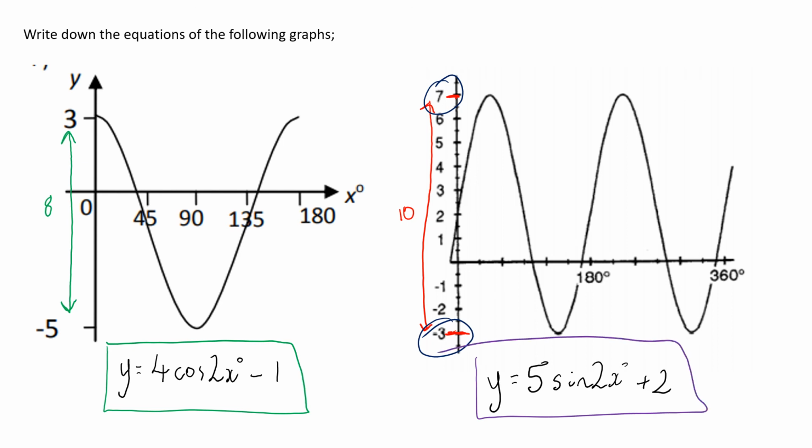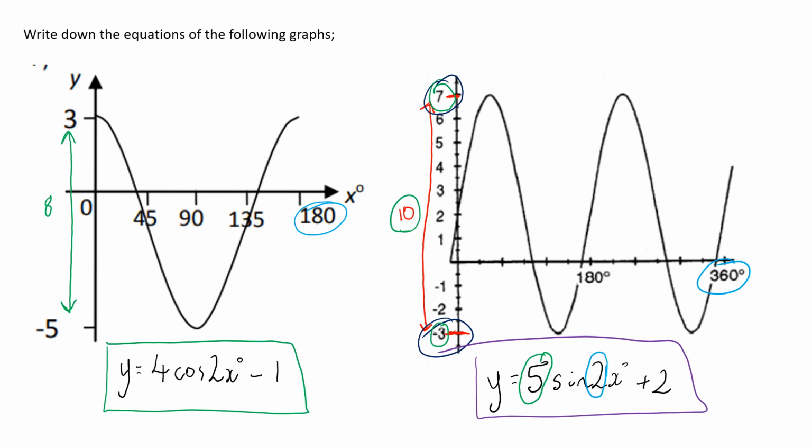Okay, so to identify, once again, the amplitude, you figure out the difference between the maximum point and the minimum point, and then you half it. To work out the period, you're looking for how many revolutions there are in 360. If you're given 180, you'd need to double it, for example.